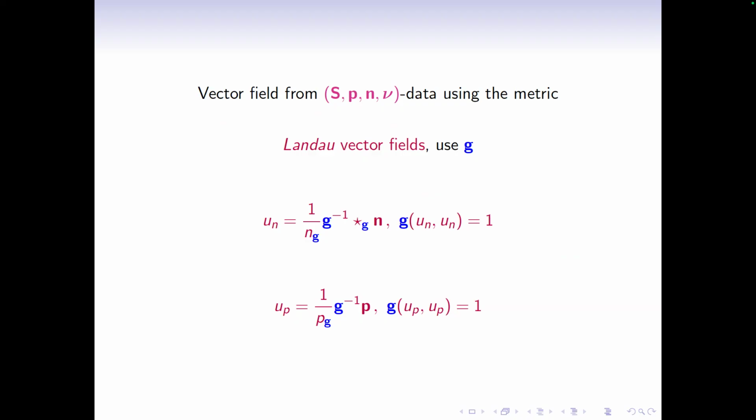And another choice is to take one form P, raise the index using the metric, and divide by the norm of this one form.